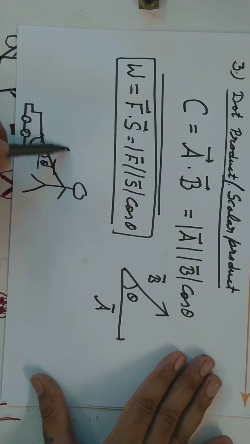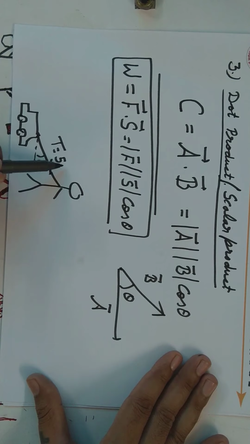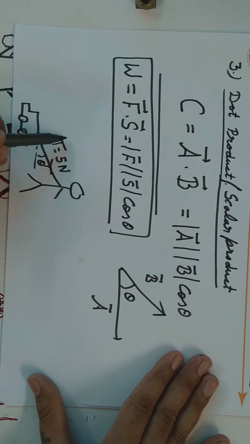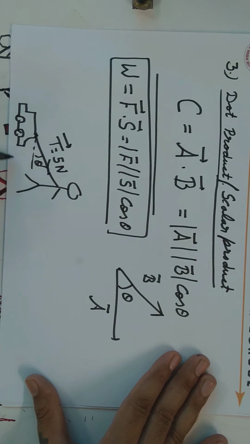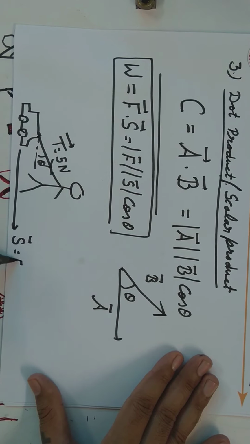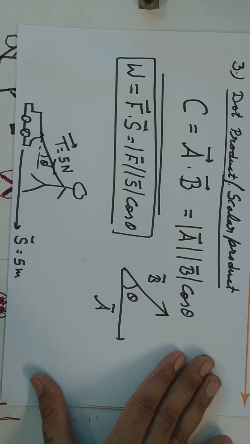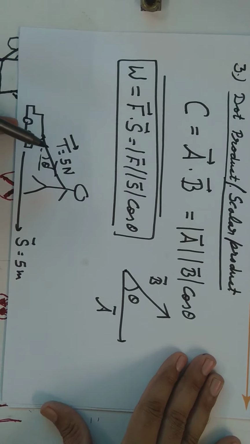The tension in the string is say 5 Newton. Tension is basically force, and he takes this car 5 meters in this direction indicated by the arrow. Now what is the work done? Okay, work done by the tension.